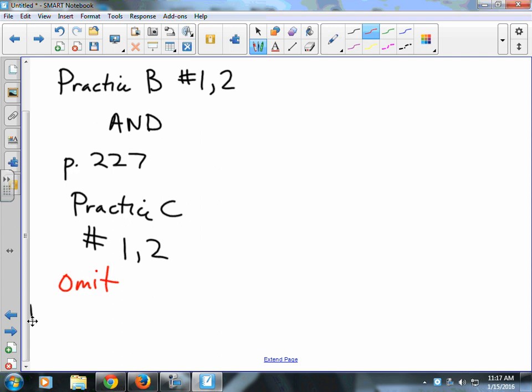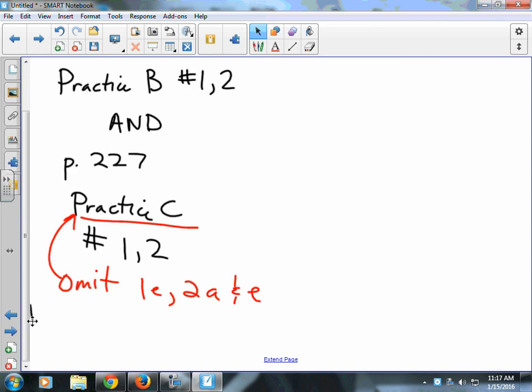Don't do 1E and 2 A and E on practice C. What do we do with the paper? The one that we do. Hang on to it so you can use it to kind of refresh your memory if you need to.